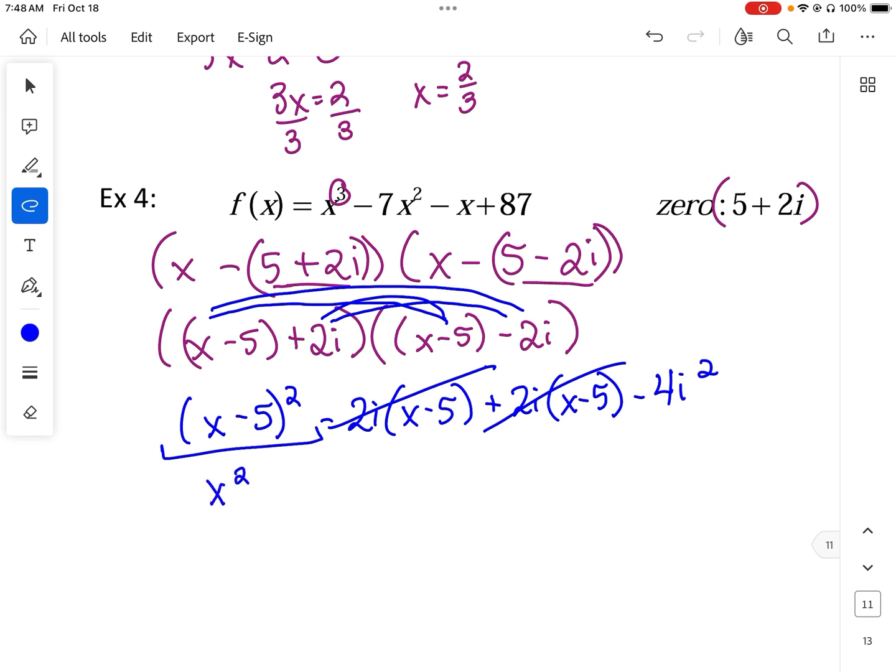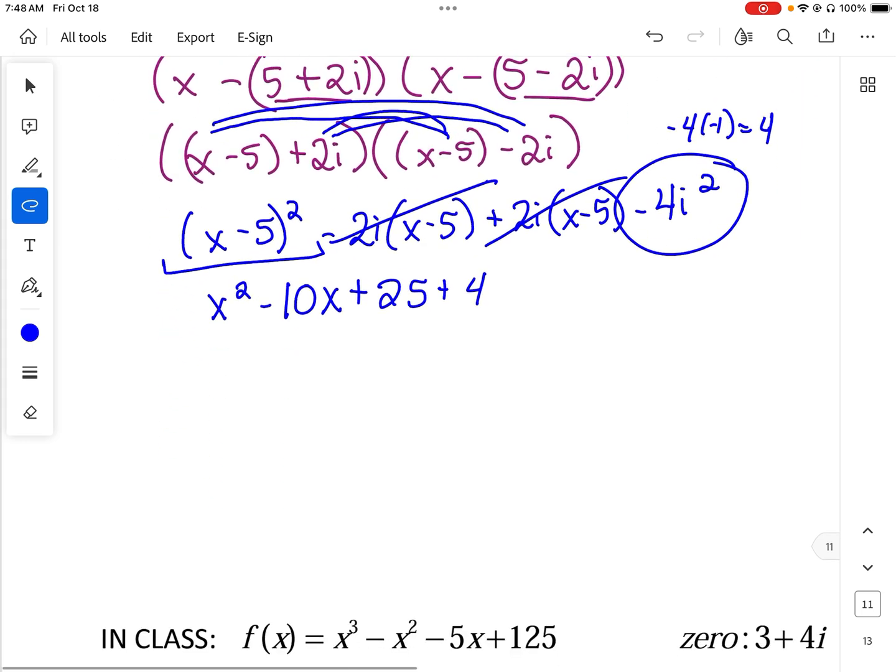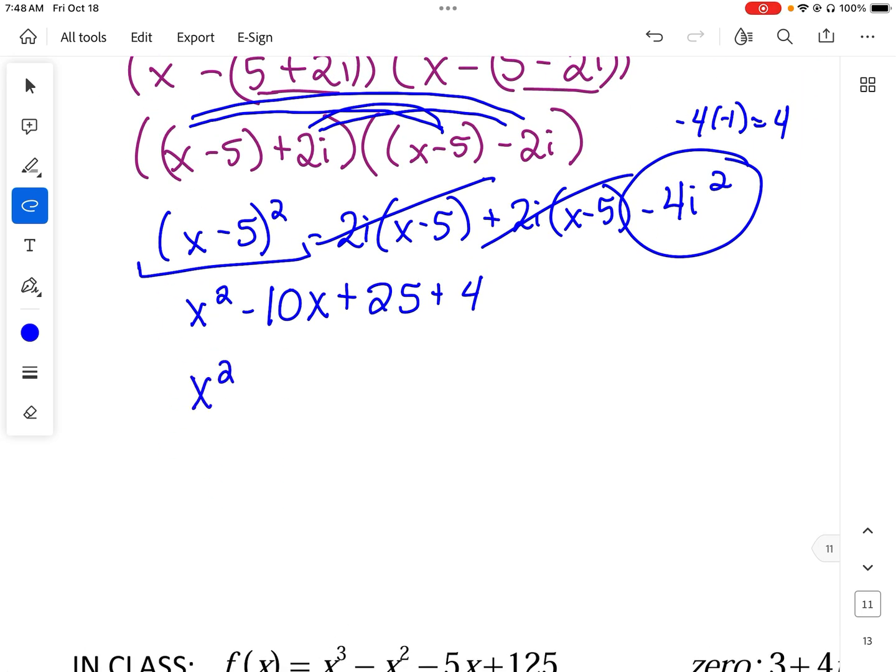I'm going to go ahead and find out what this is. That's x squared minus 10x plus 25. And then this becomes negative 4 times negative 1, because i squared is negative 1, which is 4, so plus 4. So then x squared minus 10x plus 29.